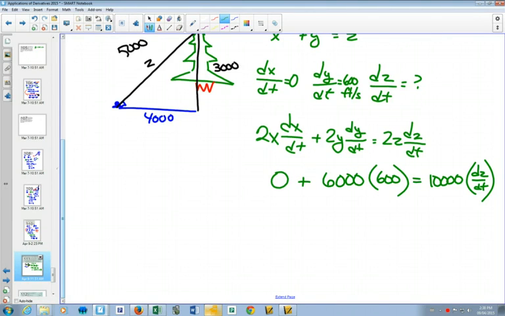So to get dz/dt by itself, we have 3,600,000 divided by 10,000, which gives 360. And we are dealing with feet per second.